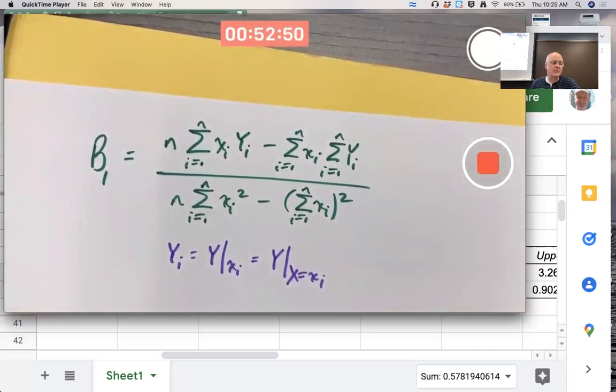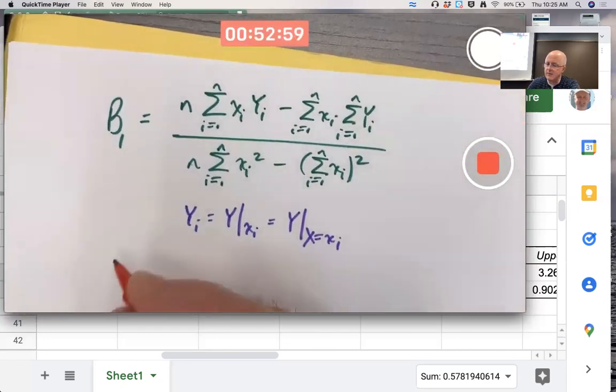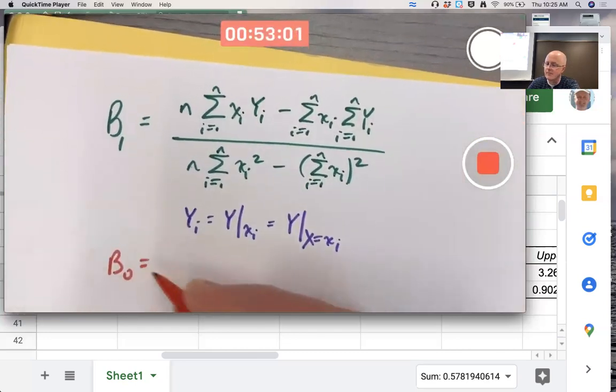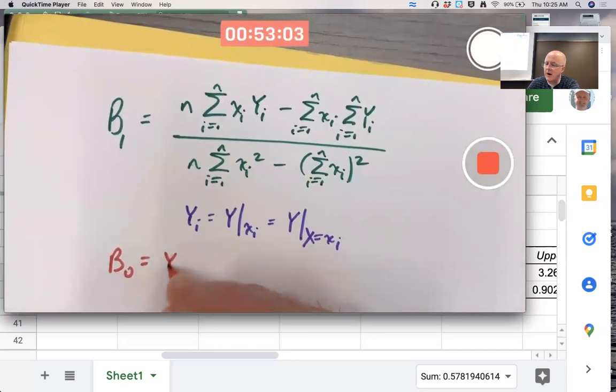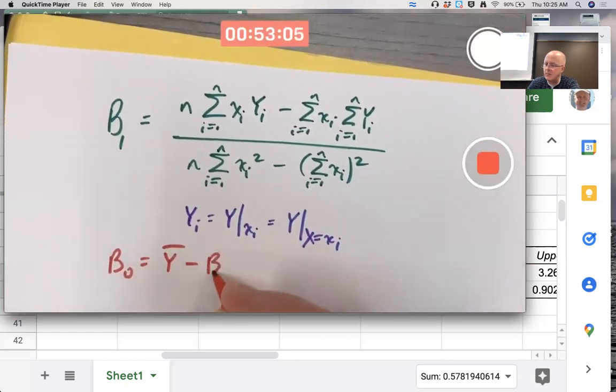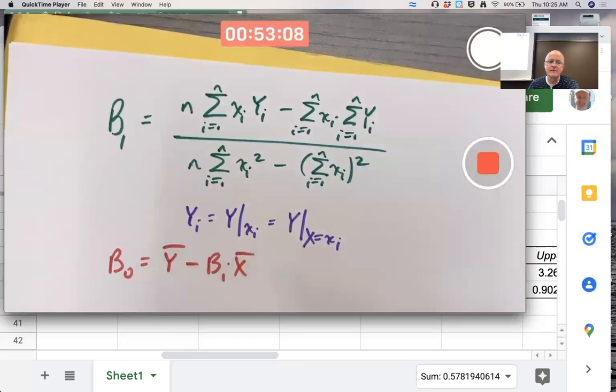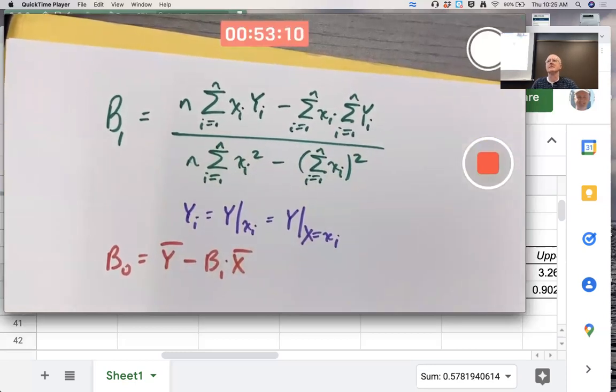Capital Y is a random variable, and therefore capital B1 is a random variable, and therefore capital B0 is also a random variable. It's capital Y bar minus capital B1 times capital X bar. Same equations as before, but we're using uppercase letters to emphasize the way we want to think about these things.